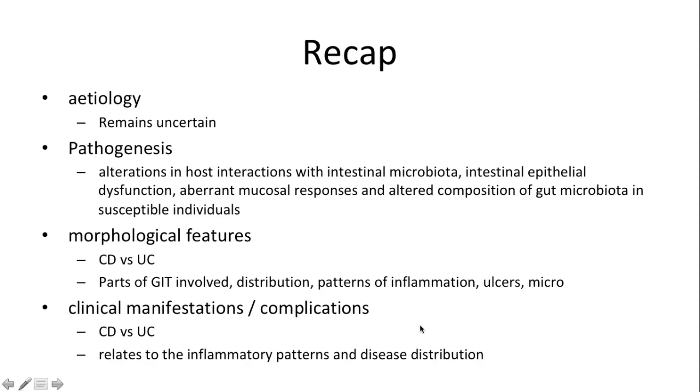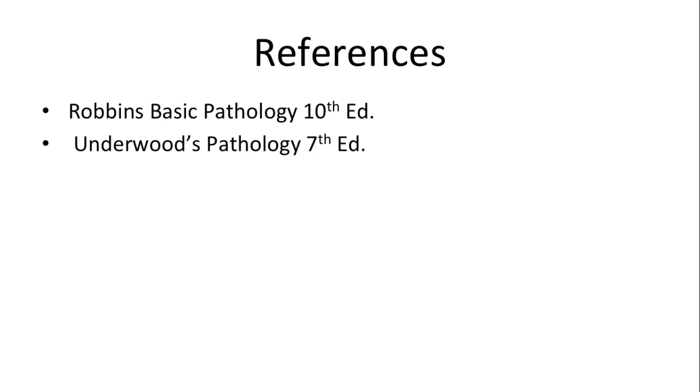And we also covered the clinical manifestations and potential complications of Crohn's disease and ulcerative colitis. So we have some shared complications, and we have some much more characteristic complications of each entity, and it relates to the inflammatory patterns and the disease distribution. So that marks the end of this part of the lecture.